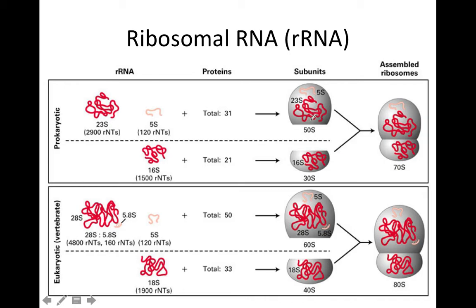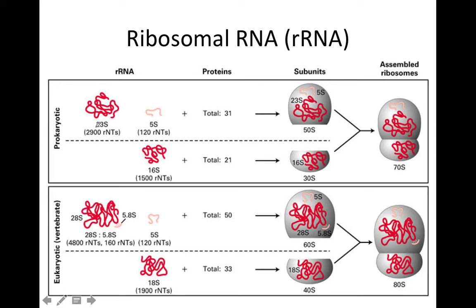Now, the ribosome has 2 subunits: a large subunit and a small subunit. For prokaryotes, the large subunit is called the 50S subunit, whereas the small subunit is called the 30S subunit. In the small subunit, you find the 16S ribosomal RNA, whereas in the large subunit, we find the 23S rRNA and the 5S rRNA.